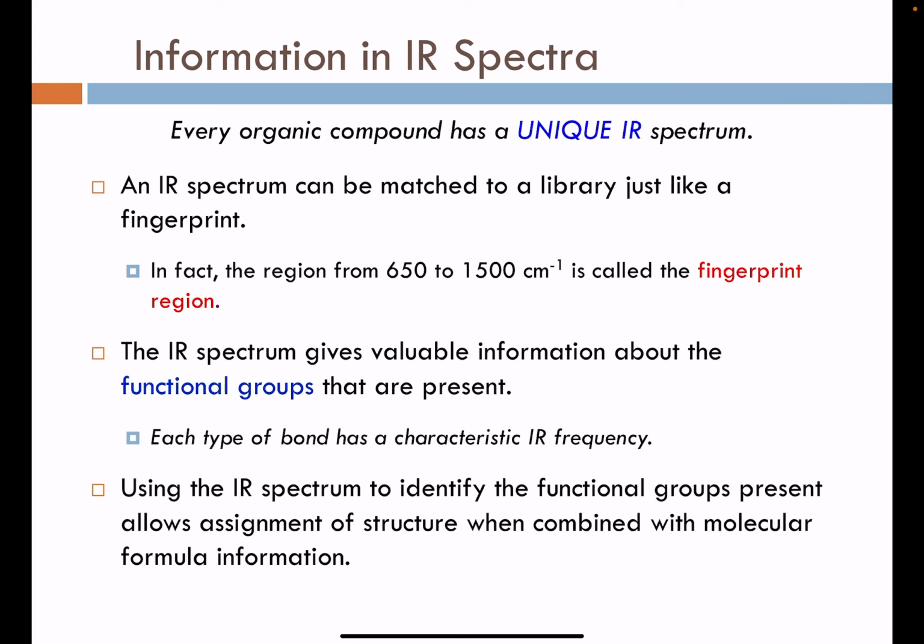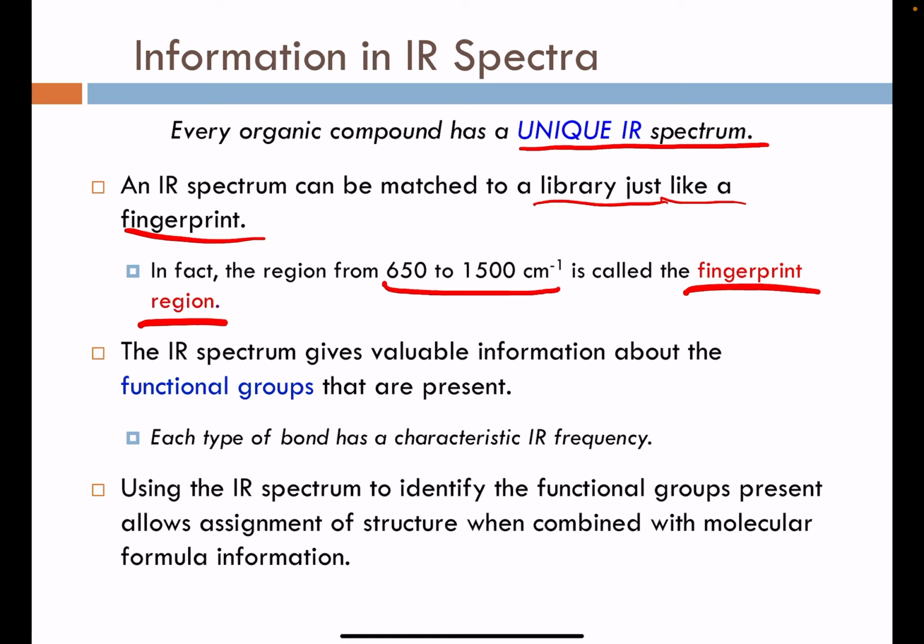Okay, so in sum, we've seen that every organic compound can be thought to have a very unique IR spectrum. The IR spectrum can be matched to a library, and many spectrometers have libraries built in, and that fingerprint region proves especially useful for that identification process, especially if a library is available. And so this low wave number range, 650 to about 1500 wave number, helps in that exercise.